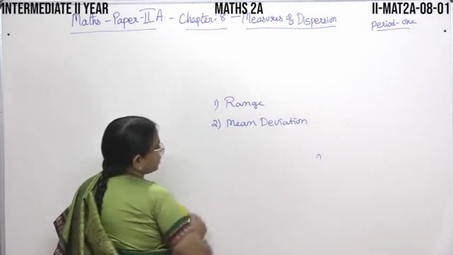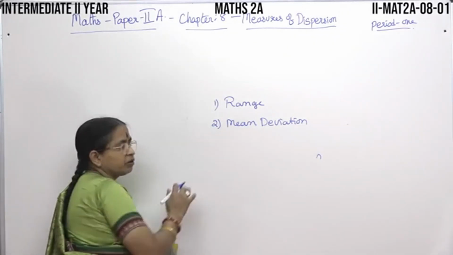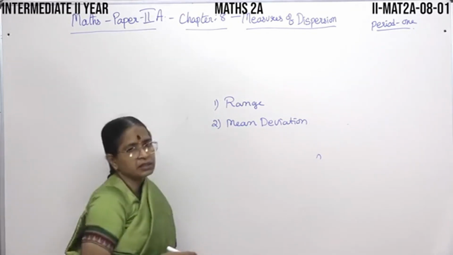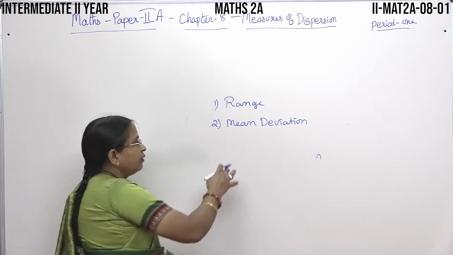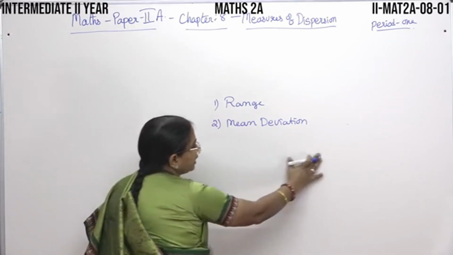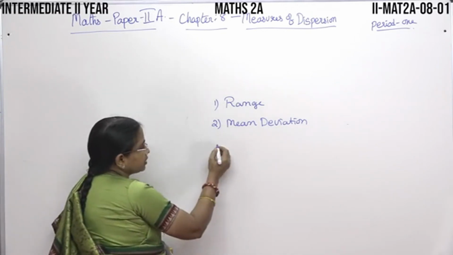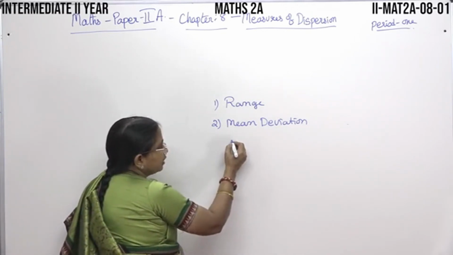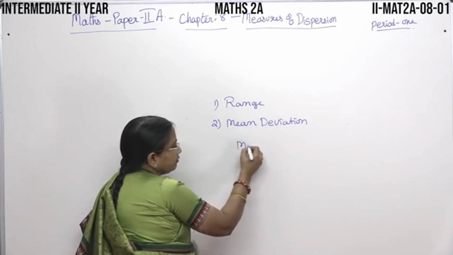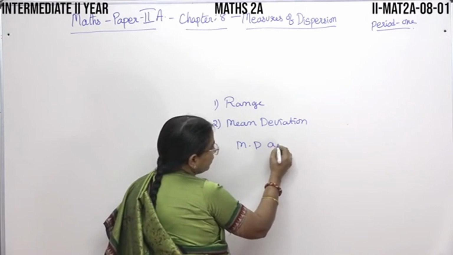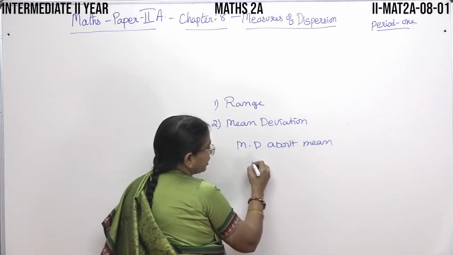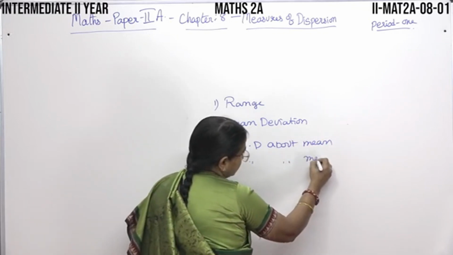Now mean deviation. Mean deviation you have only for ungrouped data in your syllabus for this academic year. For grouped data, it is deleted. So how do we find the mean deviation? There are two kinds: mean deviation about mean, and mean deviation about median.